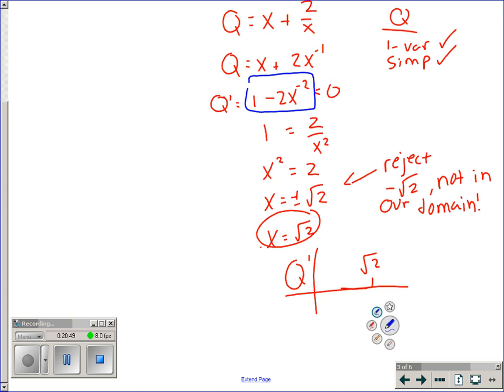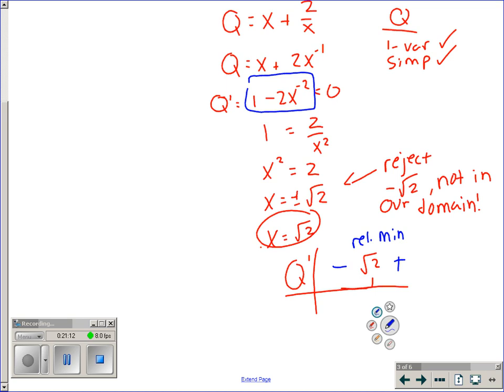So that's 1 minus 2 over 1 squared, which is going to be negative. And anything greater than that is going to be 1 minus a small fraction, which is positive. So this is indeed a relative min by our first derivative test. So if that's the case, then we have just found our answer.